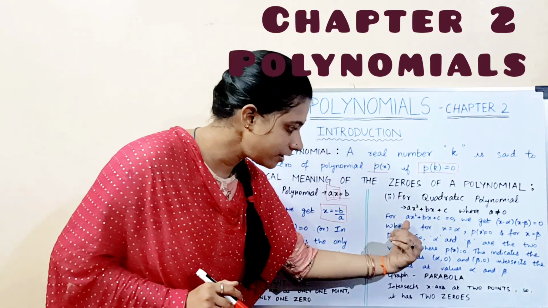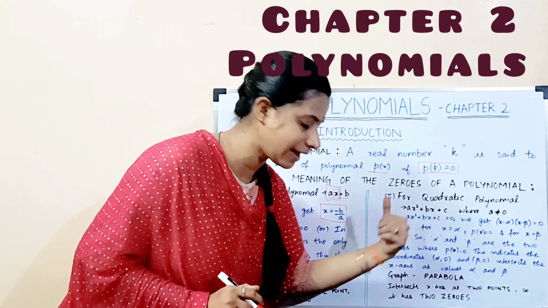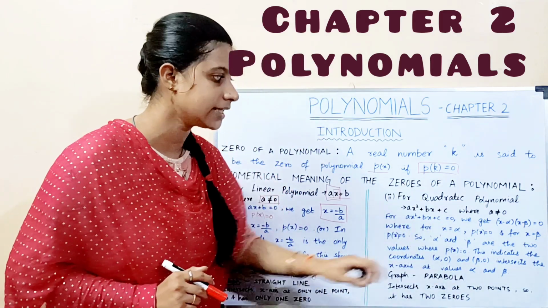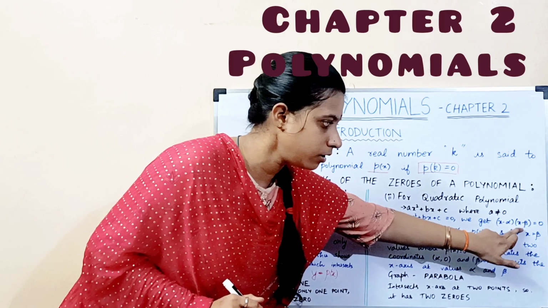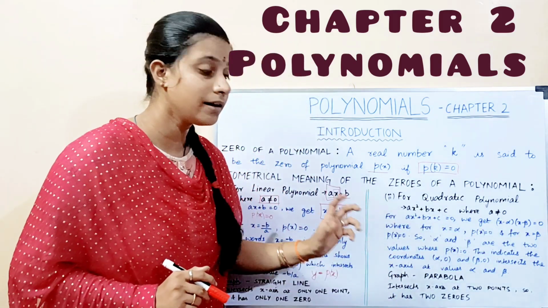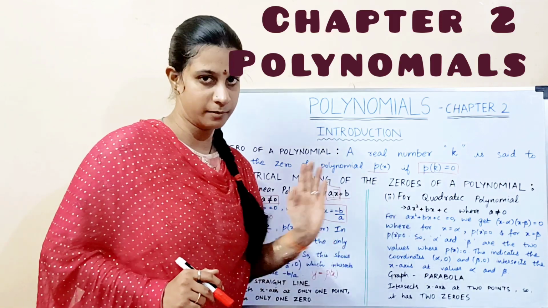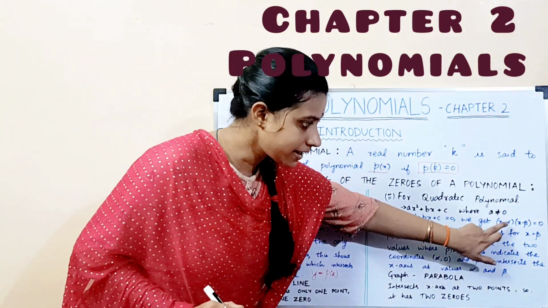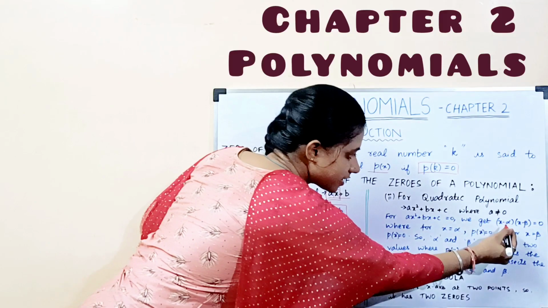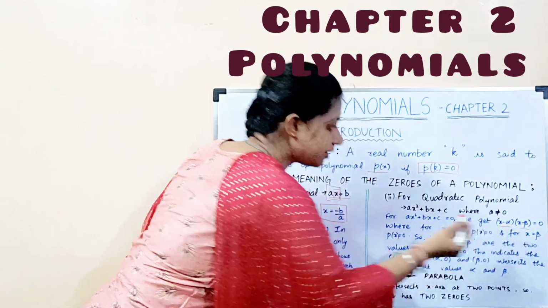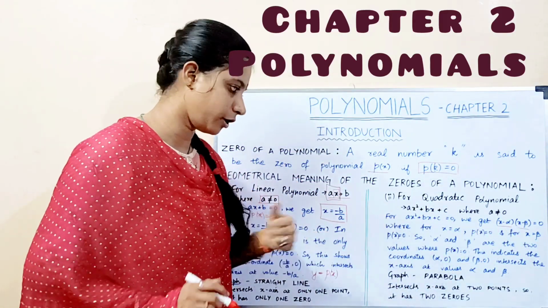That is, we will factorize this ax square plus bx plus c as x minus alpha into x minus beta, where alpha and beta are those values at which this polynomial will be 0, and x minus alpha and x minus beta are the factors of this quadratic polynomial.